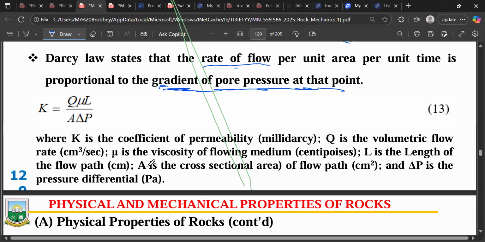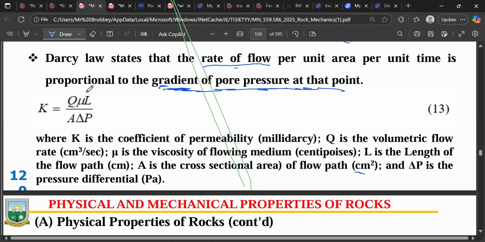We have A, which is the cross-sectional area net of the flow path, which is in centimeter squared, and change in P, which is the pressure differential, which is in pascals, right?